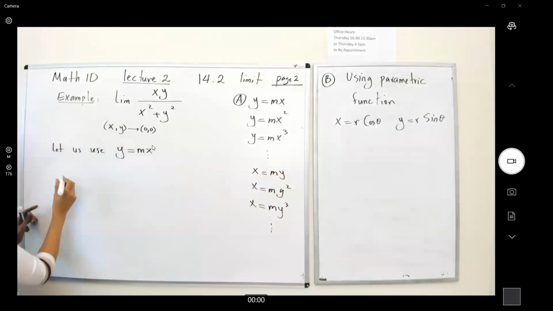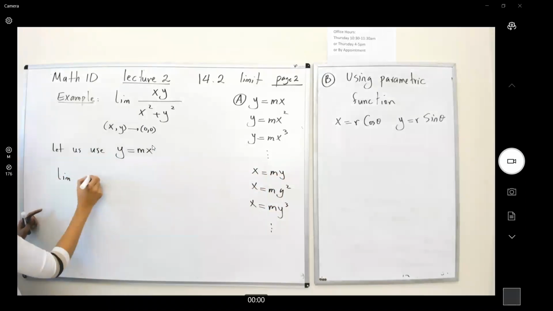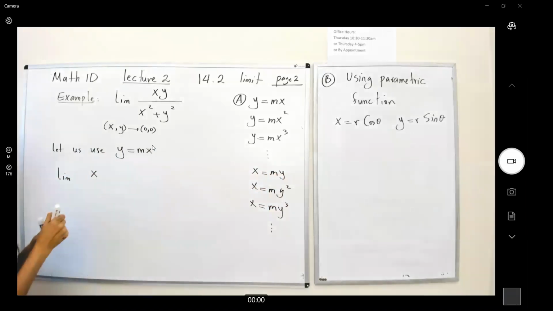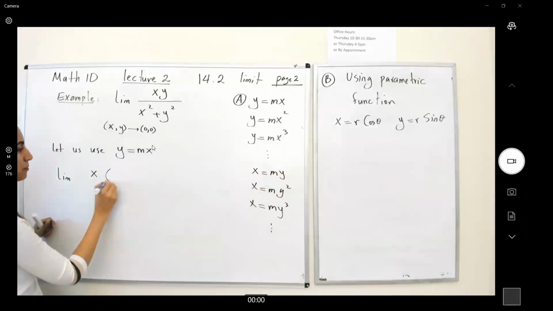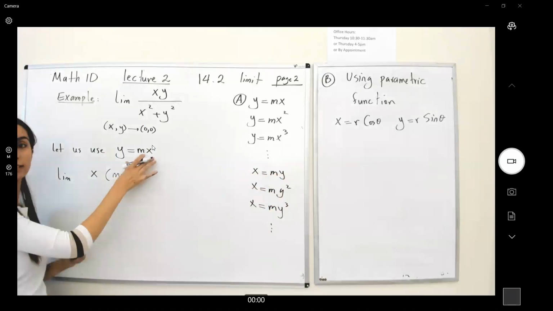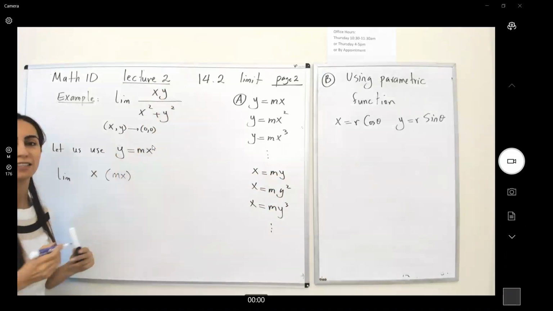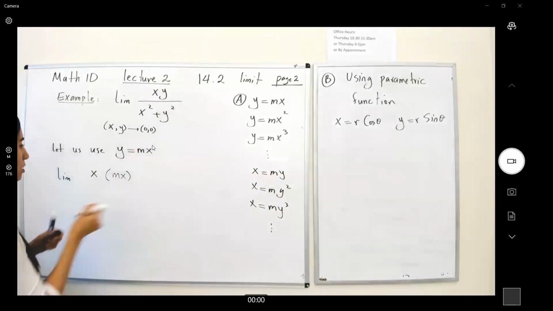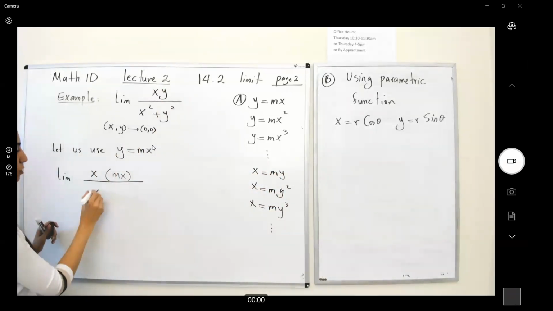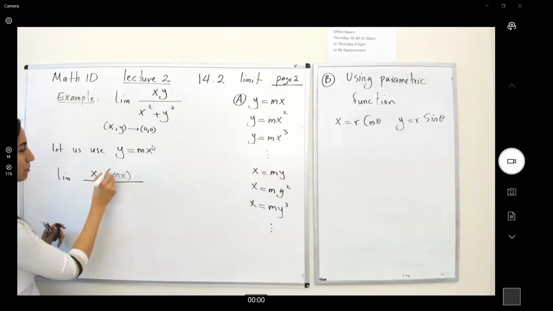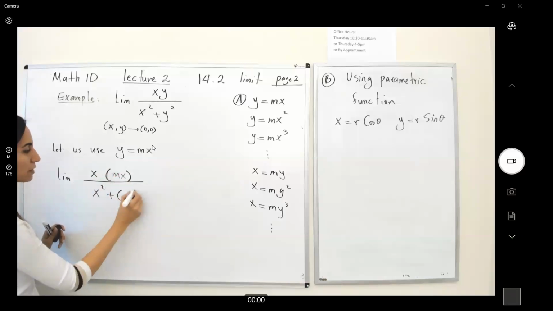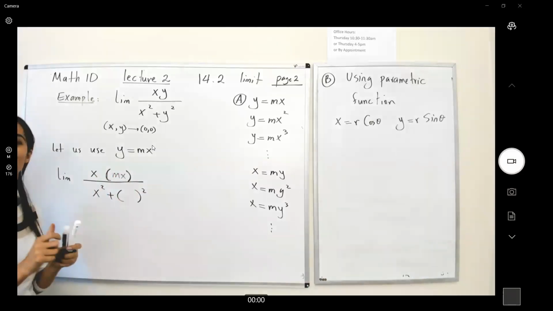Okay, here you get the limit of x times mx. So wherever I see y, I replace that with mx, divided by x squared plus mx squared.